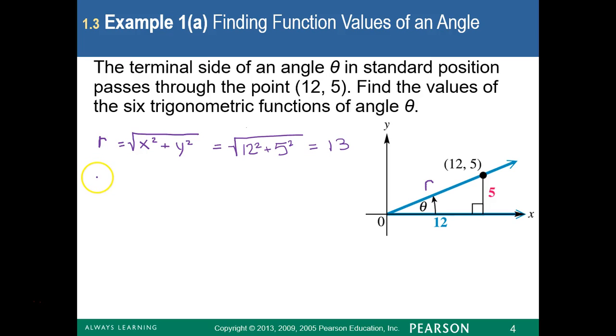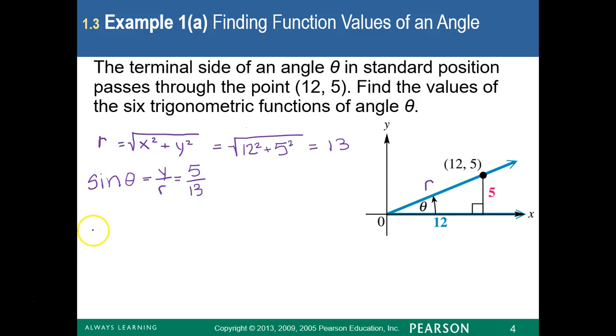Let's find sine of theta, then cosine, then tangent, and then find the other three. Sine is equal to y over r. If you go back to the previous page, y is equal to 5, r is 13.